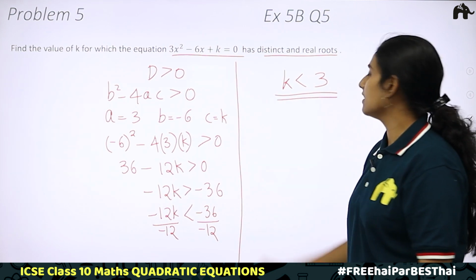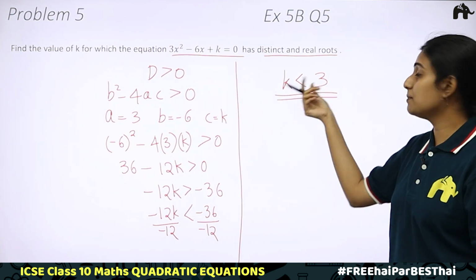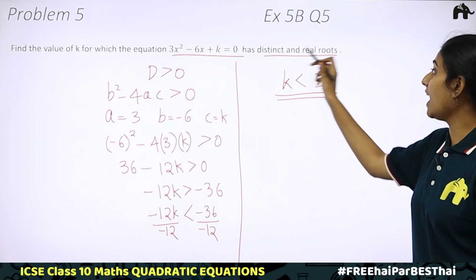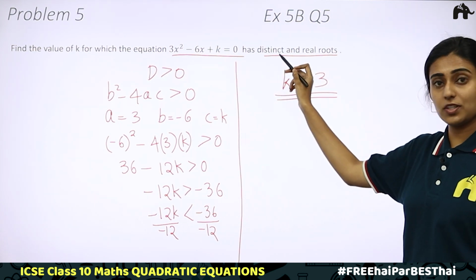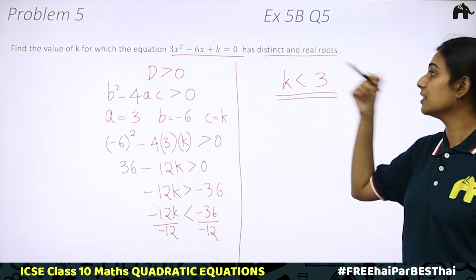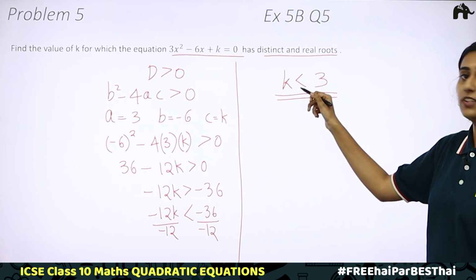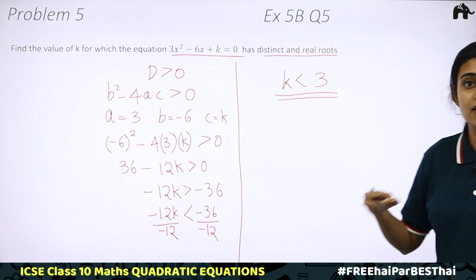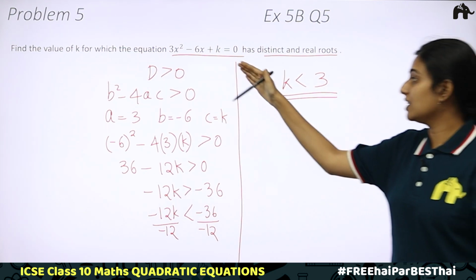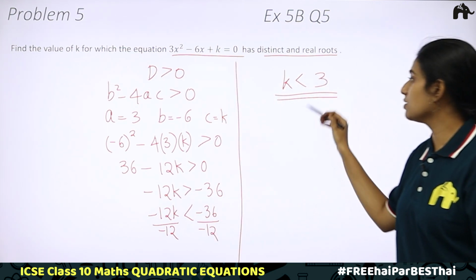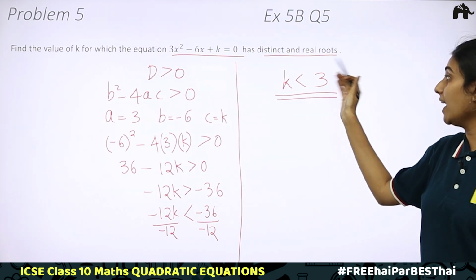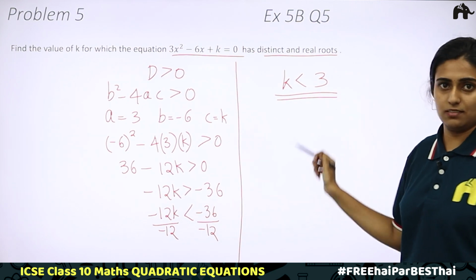This is the value possible for k. The value of k should be less than 3 since we have distinct roots. Okay. Distinct roots. Therefore, we took discriminant greater than 0. The value of discriminant is positive, with which we solve this to get the value for k. This is not the exact value. Any value that is less than 3.